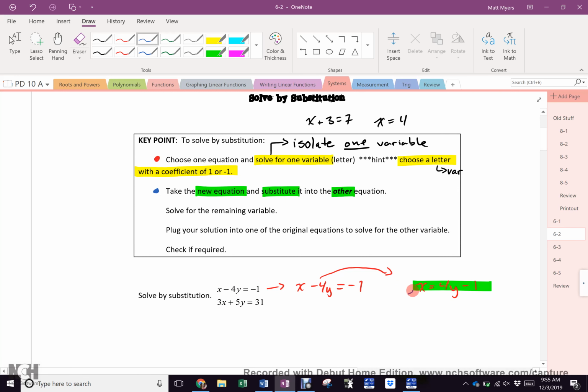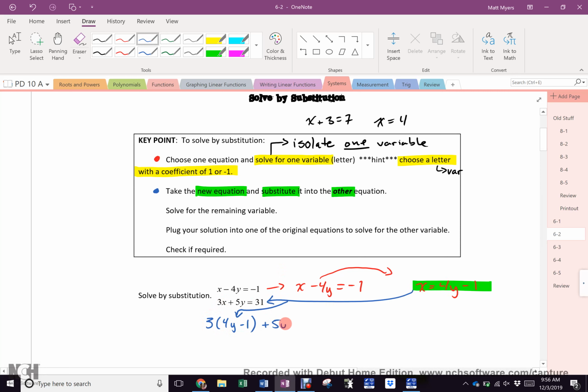The other equation right there says 3x. But we know that x is what? So instead of writing 3x, what do I write? Because that equals x, according to what we just did.